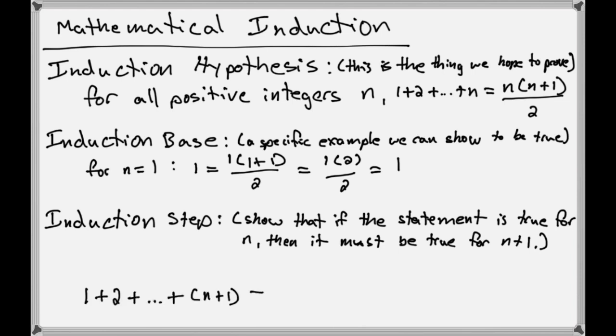So for our induction step, we will restate the hypothesis, but we will replace n with n plus 1. Now we're saying 1 plus 2, etc., all the way up through n plus 1 is equal to n plus 1 times the quantity n plus 1, all divided by 2.